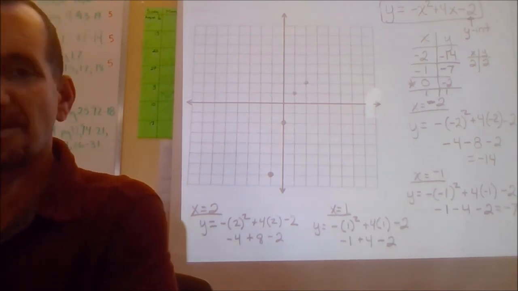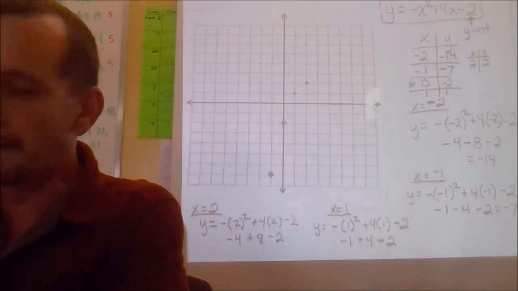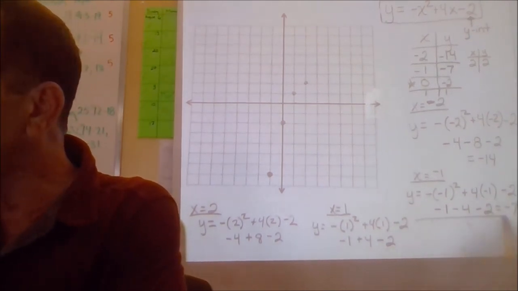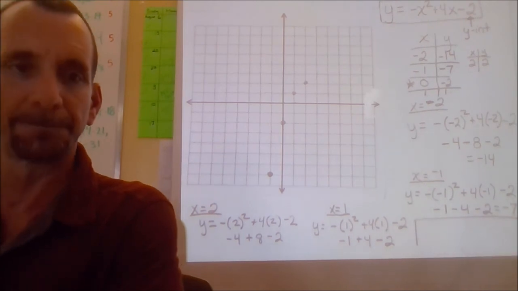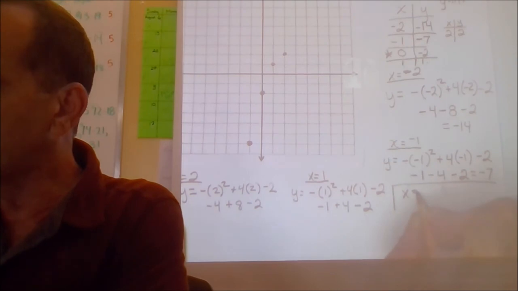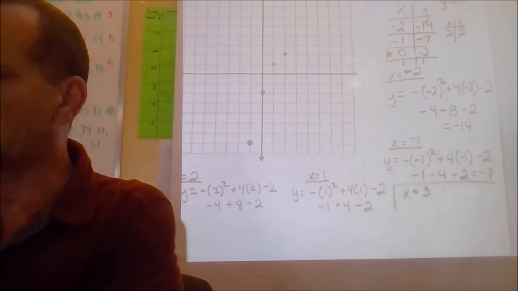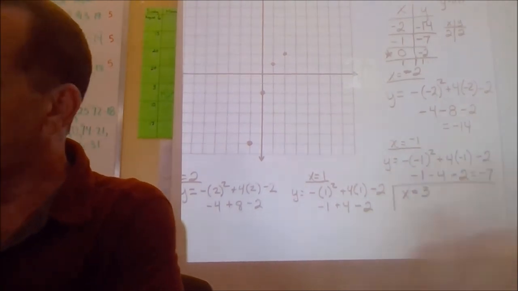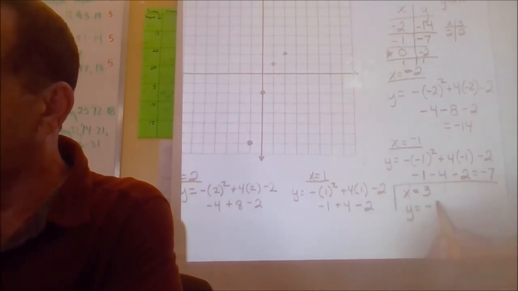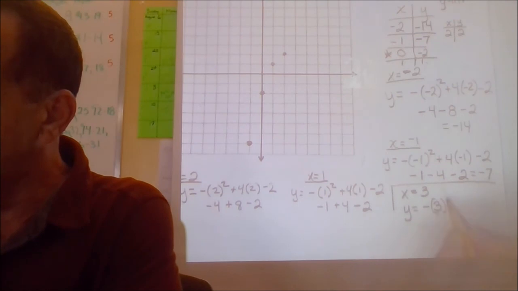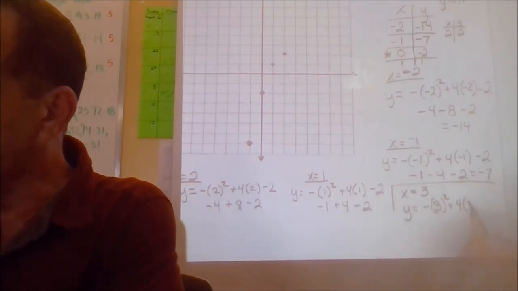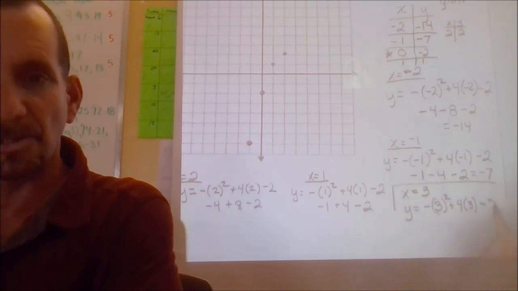Let's see. Let's do one more. I'm just going to do it right over here, just to save a little space. When x equals 3, let's pick that and see what happens. When x equals 3, y equals a negative 3 squared plus 4 times 3 minus 2.